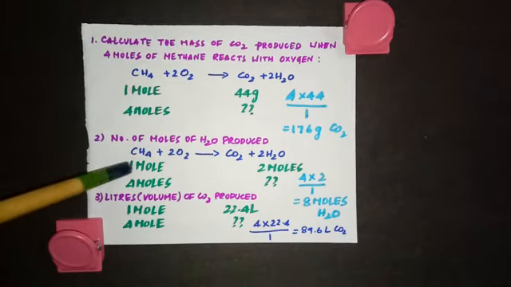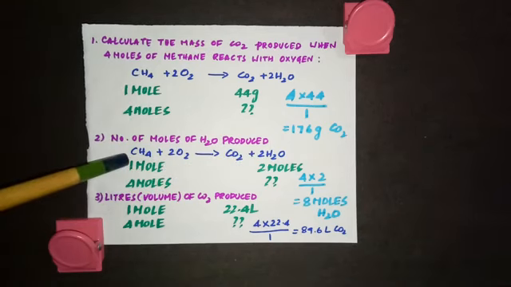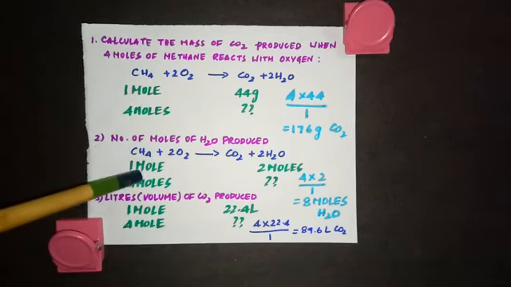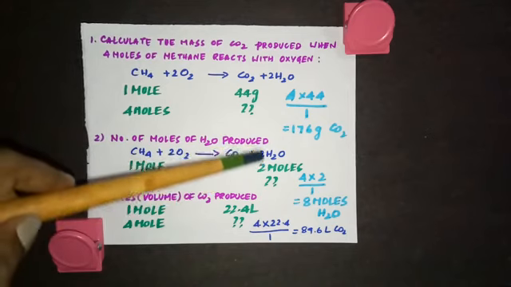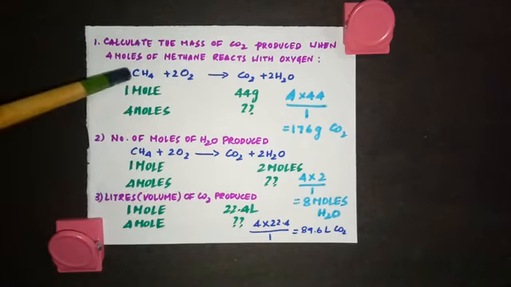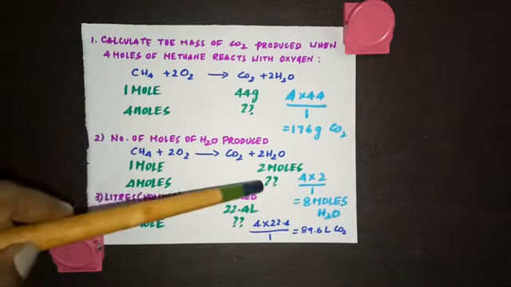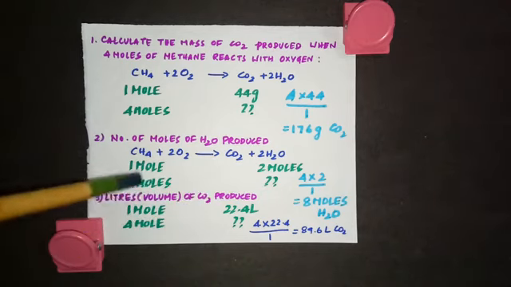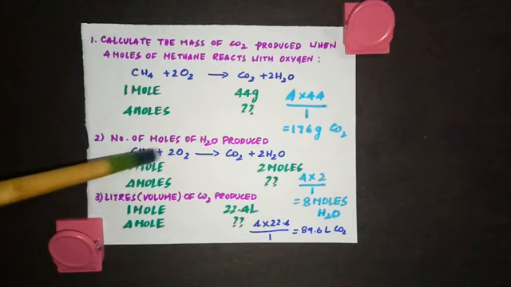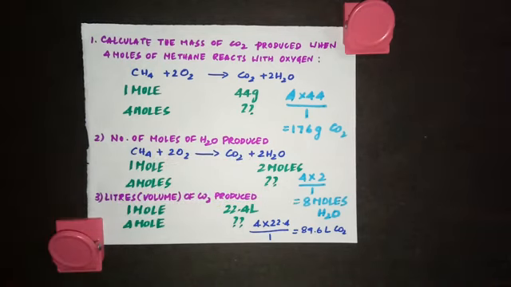So you can take moles as per the equation. As per the chemical equation, 1 mole methane is giving you 2 moles of water. So according to the question, 4 moles of methane will give me how many moles of water? Again do the multiplication, 4 into 2 divided by 1. So I will get 8 moles of H2O. So 4 moles of methane can produce 8 moles of H2O.